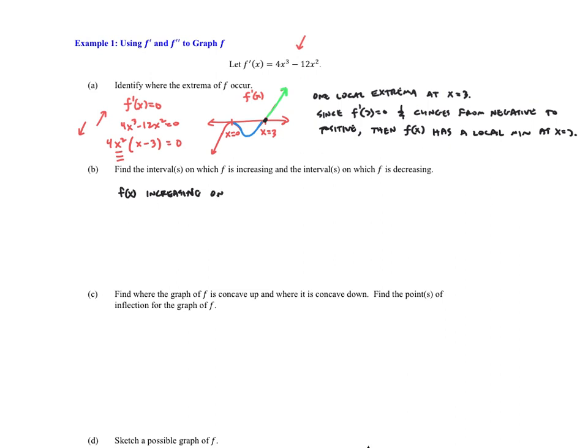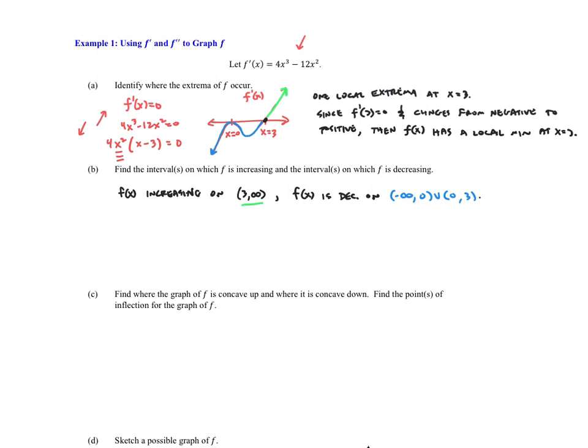Okay, so f of x is increasing on the interval when x is greater than 3, right? I can see that above in green. Now I'm going to trace where f prime is less than 0, in blue. Therefore, f of x is decreasing on the interval from negative infinity to 0, unioned with 0 to 3.